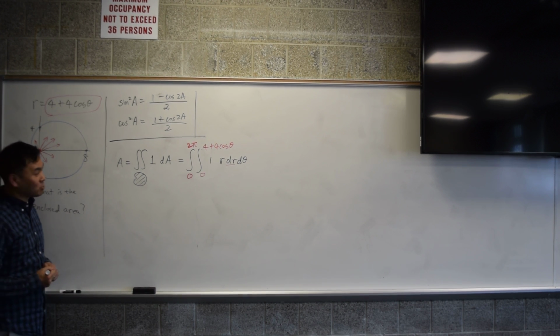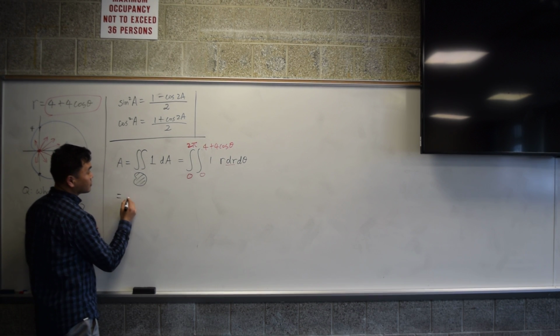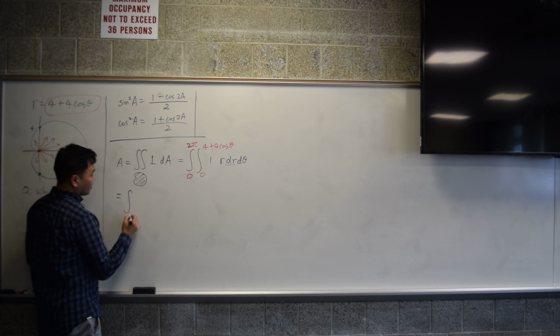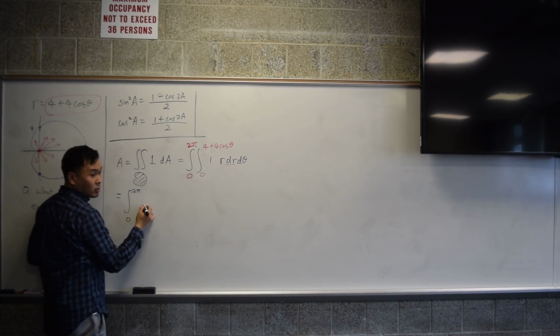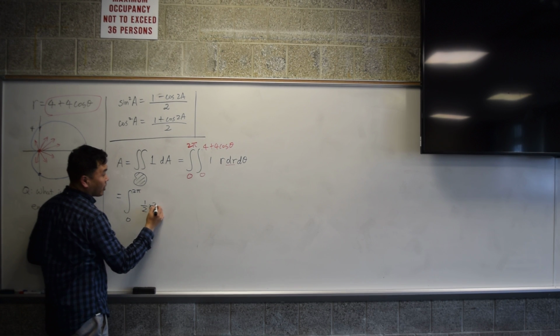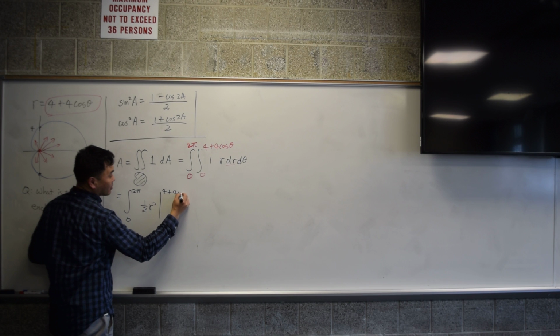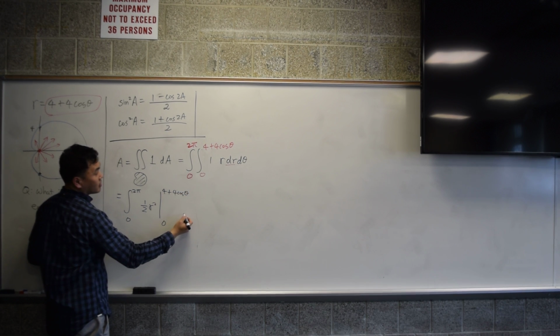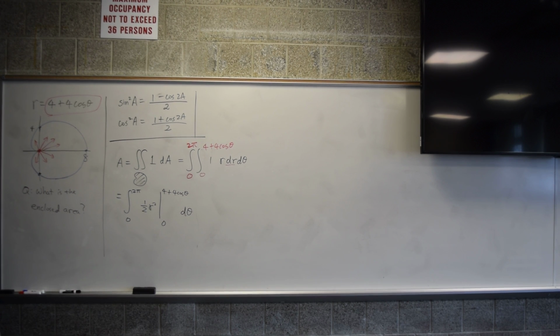Okay, now let's try to actually do the computation. If you integrate r, this is 1/2 r squared. And you're plugging in 0 and 4 plus 4 cosine theta, right? You still have to integrate by theta afterwards.